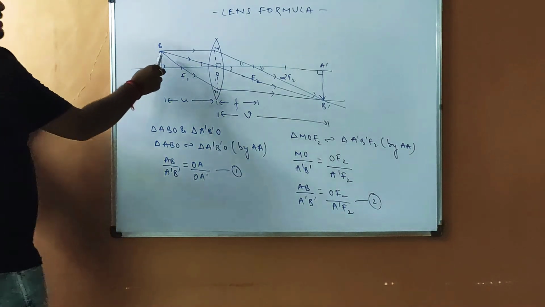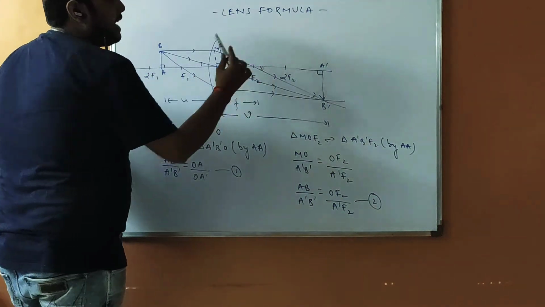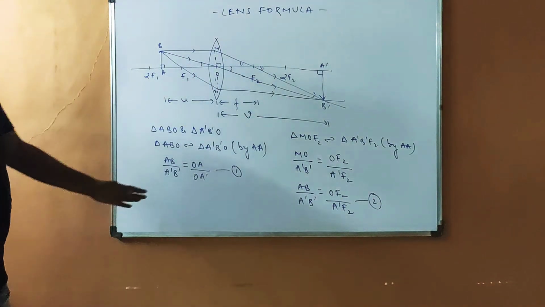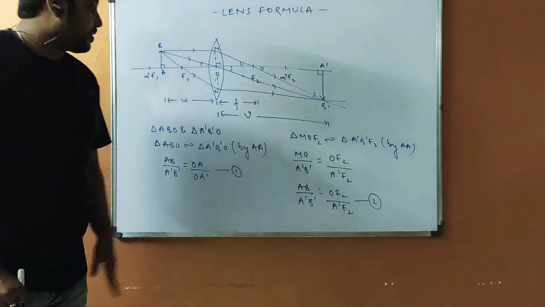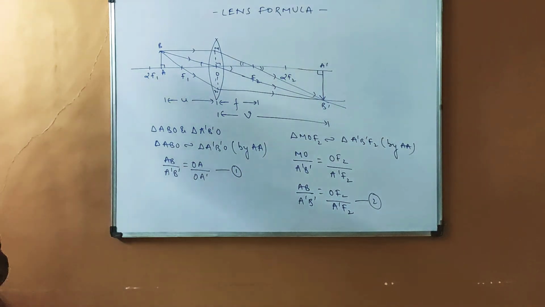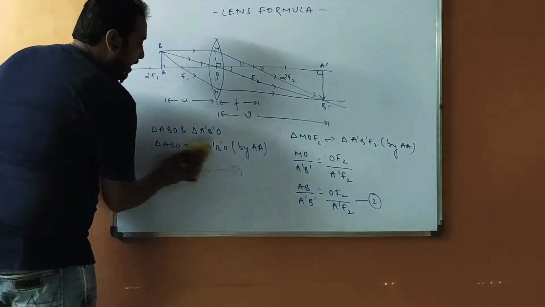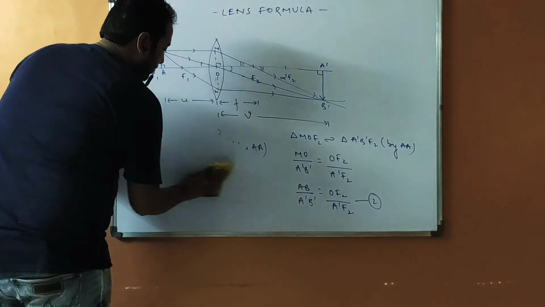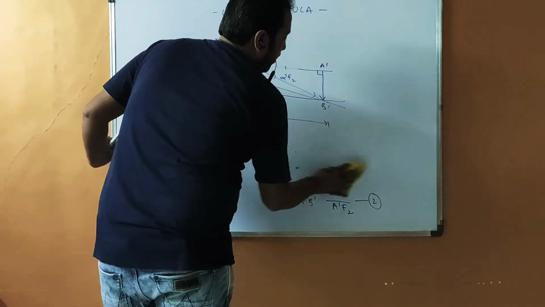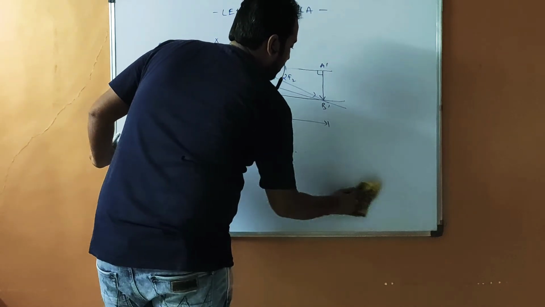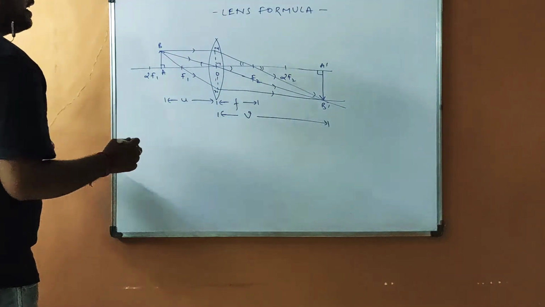The first triangles that we have taken are ABO and A dash B dash O. The second are MOF2 and A dash B dash F2. Both pairs of triangles are similar. Now see equations 1 and 2. The left-hand sides of the equations are the same, so the right-hand sides must also be the same. Comparing equations 1 and 2, what do we get?